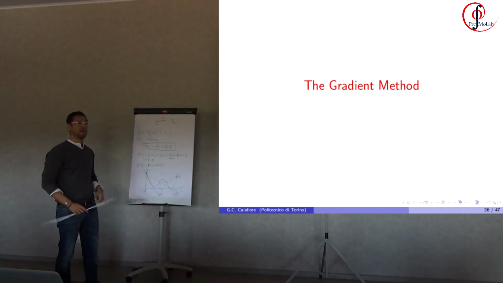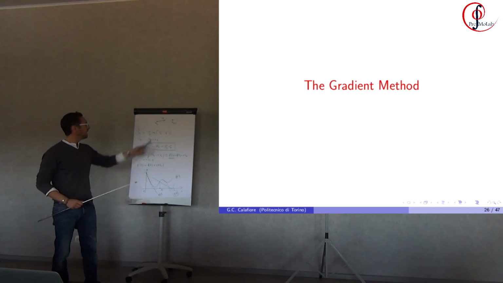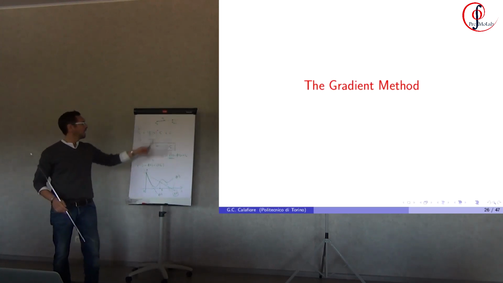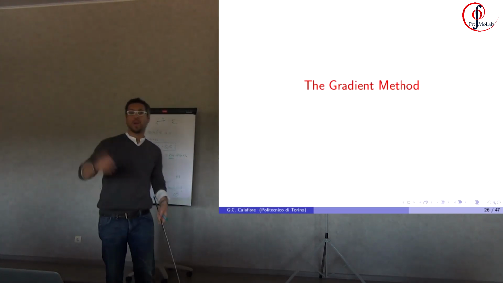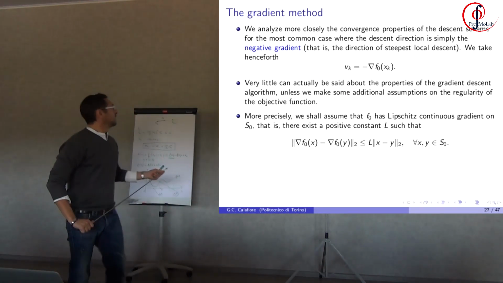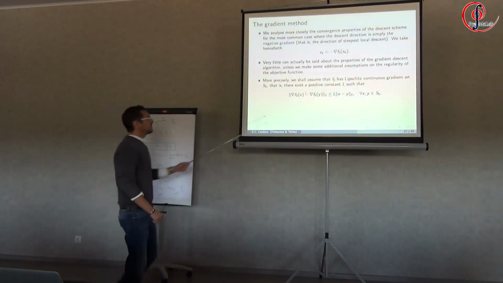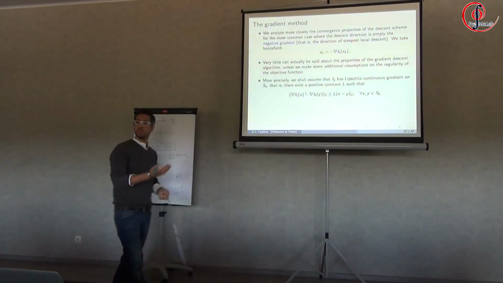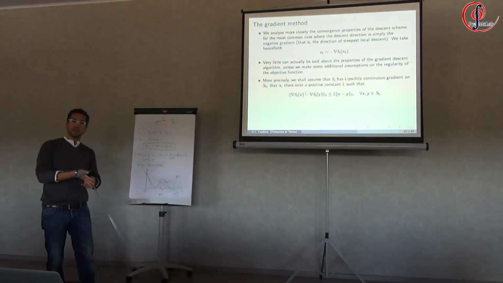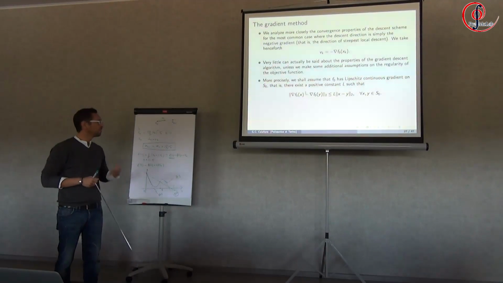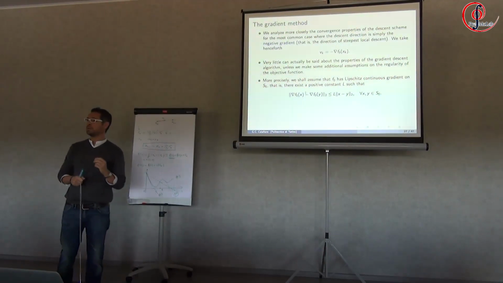Now I specify what happens if we take the steepest descent direction, meaning Vk is the anti-gradient, so it's minus the gradient, okay? So from now on we understand that the direction Vk is minus the gradient, and we saw yesterday that this is the direction that gives the highest rate of decrease locally.